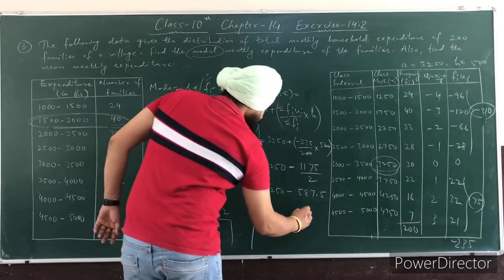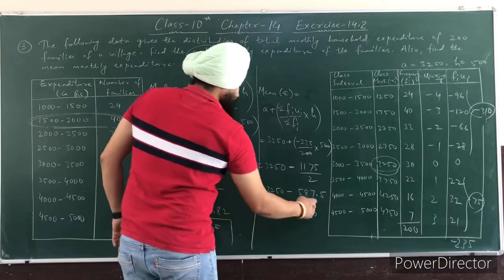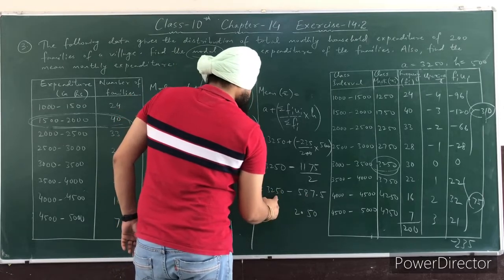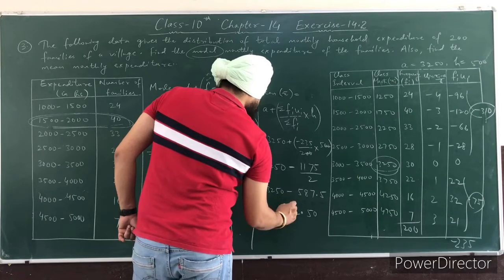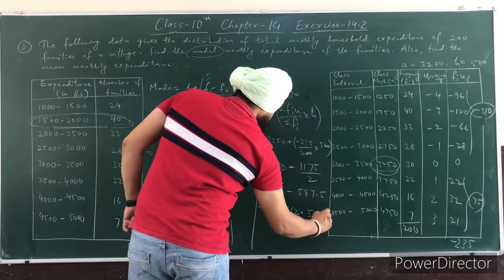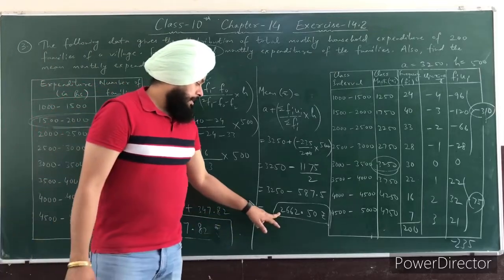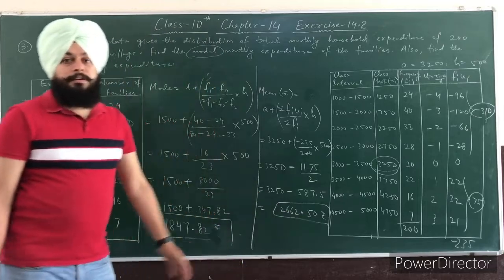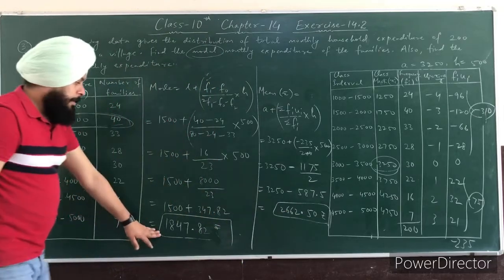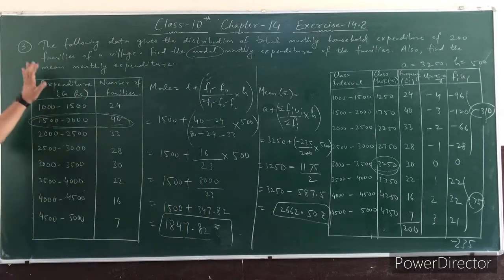It is 2662.50. So the mean for this data is rupees 2662 and 50 paise. Alright students, so this is your mode and this is your mean for this data. Clear students? So this is your question number 3.